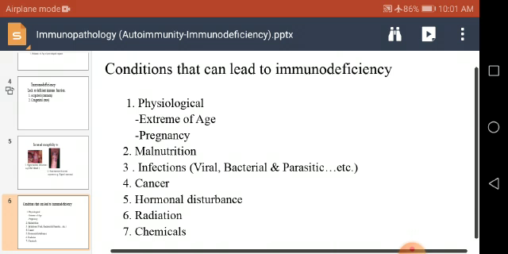The people of uncontrolled diabetes have got low immunity, and also thyroid disturbances and other hormonal disturbances. Radiation will attack the immune cells and destroys them. Chemicals, being drugs as immunosuppressive drugs, corticosteroids, or other chemical for other reasons, also they participate in lowering the immunity.